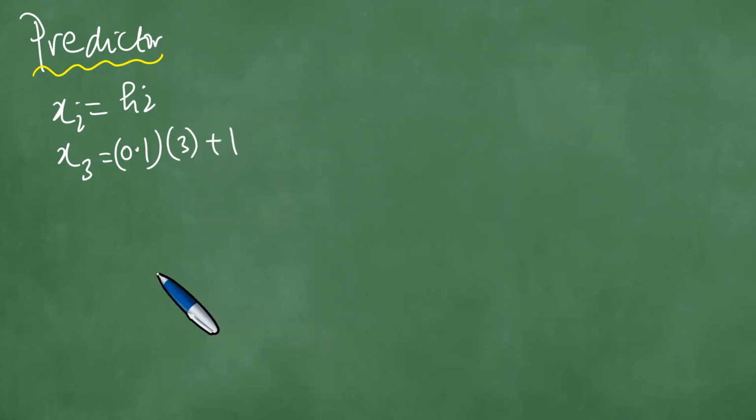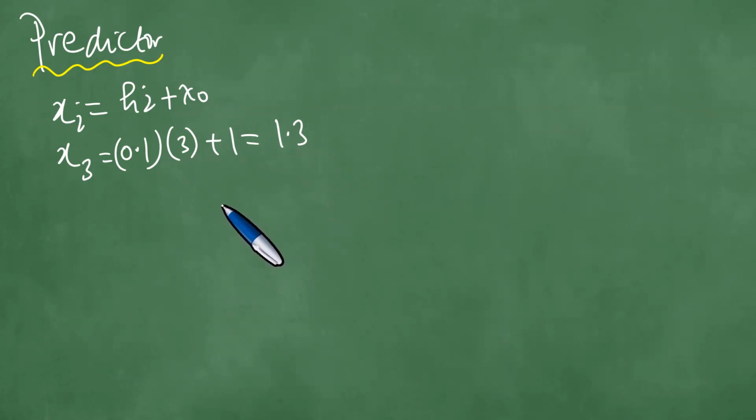But you'll have to add the original x0, because it's not 0 here. In the problem we did it was 0, but here it's 1, so it's going to have an effect and you must add it. If you add that, what you get is 1.3, which is the correct x3 value.